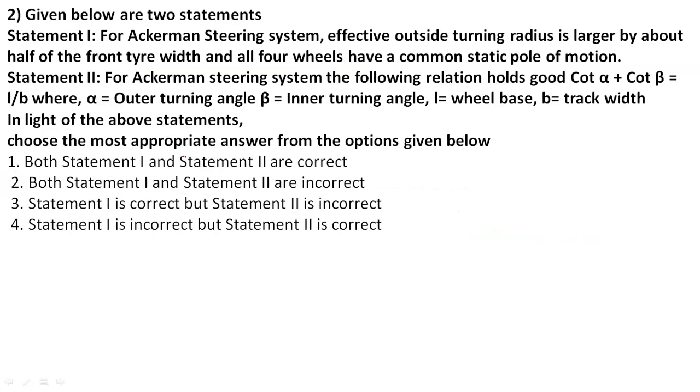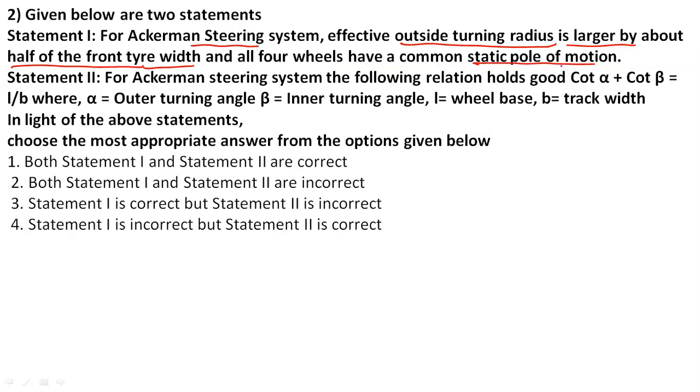Next question. For the Ackermann steering system, the same statement 1, statement 2 type of question. Read it carefully. For the Ackermann steering system, the effective outside turning radius is larger by about half of the front tire width, and all four wheels have a common static pole of motion.